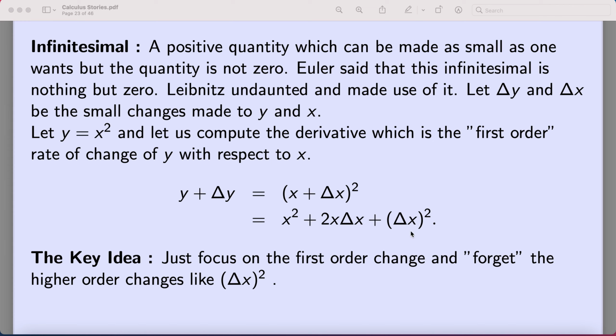So when delta x is very, very small, you just forget it. What Leibniz said is that we forget this delta x whole square. It doesn't do any good to you. It's just too small to be considered for any practical purposes.